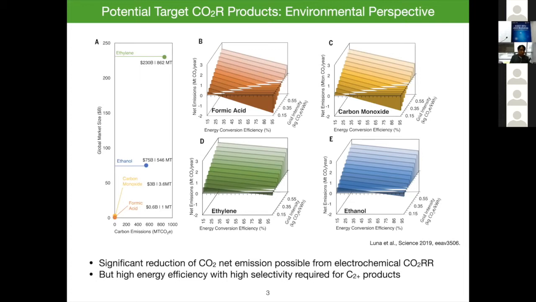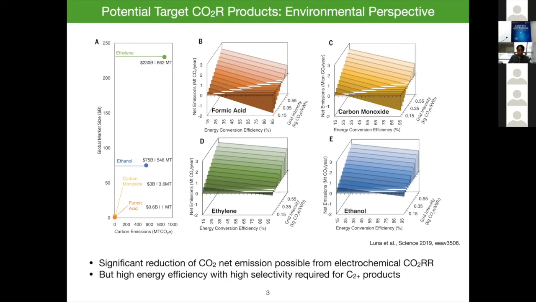As you can imagine, ethylene, the feedstock material for plastics like plastic bottles, has the largest market size, and it also produces a lot of carbon dioxide emission into the air. Ethanol is second. Carbon monoxide and formic acid occupy relatively small market sizes, and therefore have a small environmental impact.